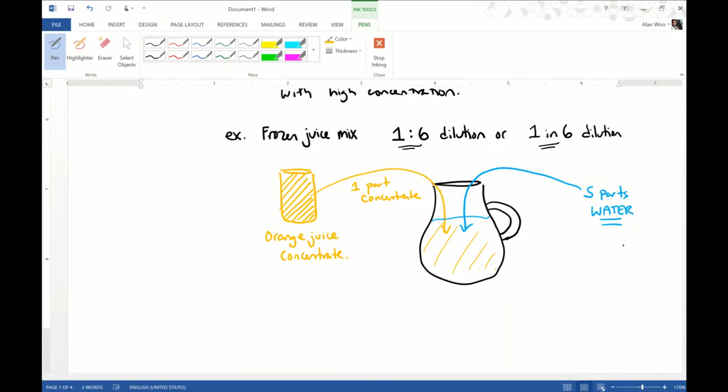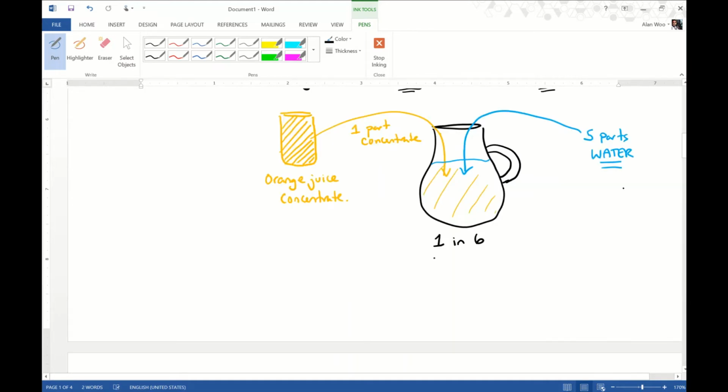So in the 1:6 dilution that we get, the first number is always the number of parts of concentrate.